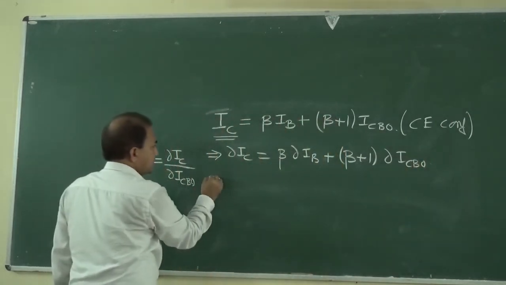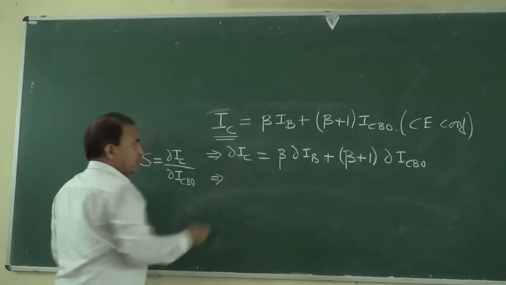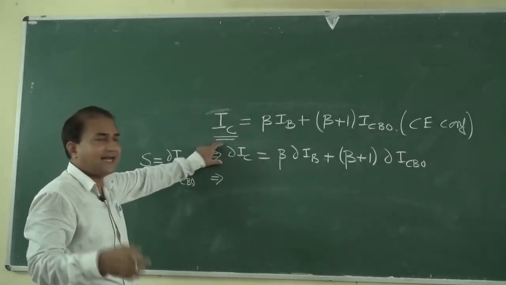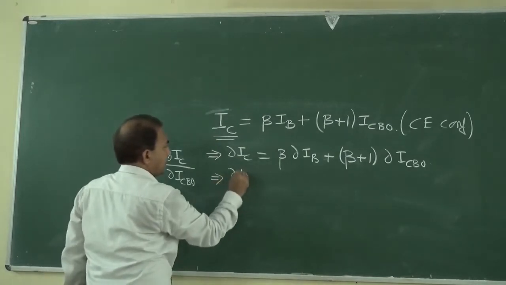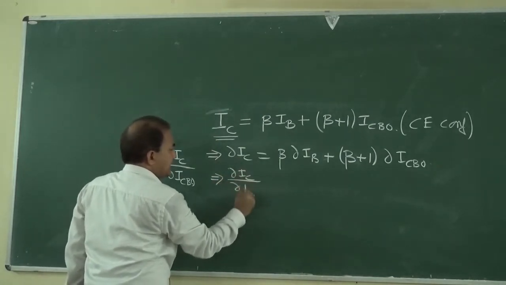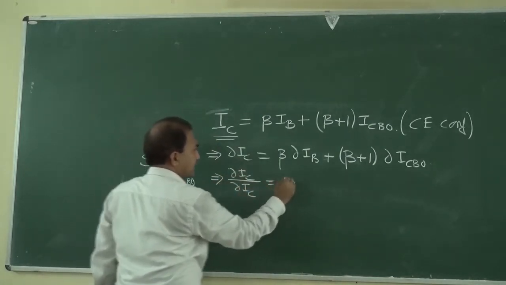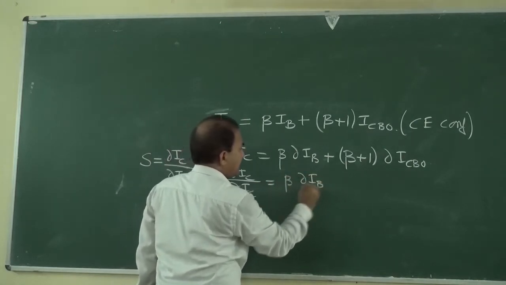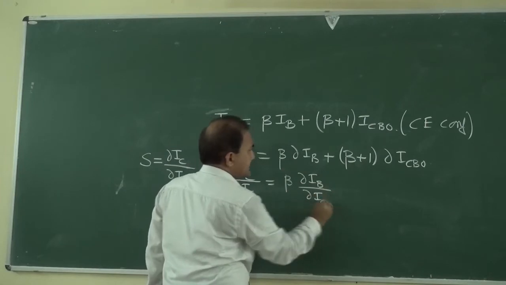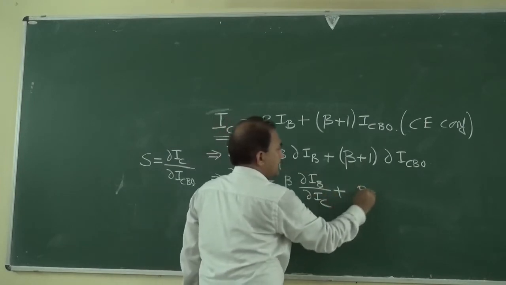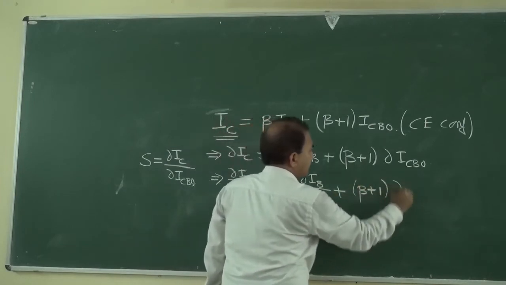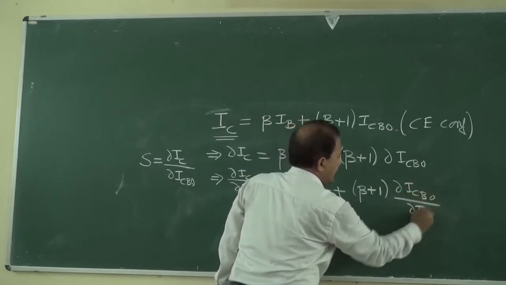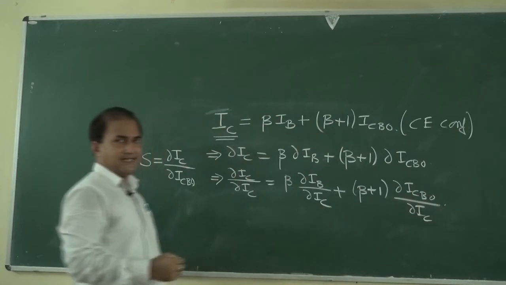So again we can differentiate this equation with respect to del IC. So it is equal to 1: beta del IB divided by del IC plus beta plus 1 del ICBO divided by del IC.